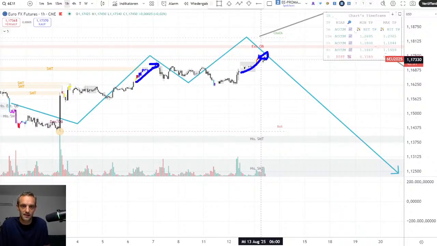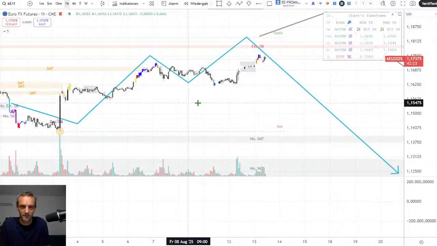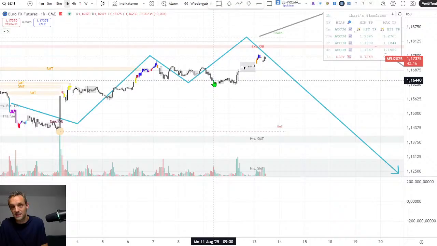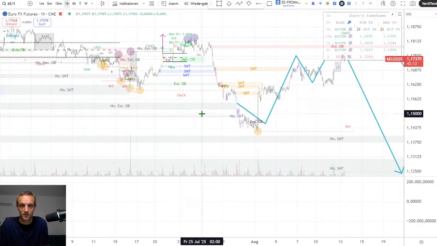So it's showing us orders moving the price. And always when we see colorful candles, we need to ask ourselves, is this a continuation sign or a reversal sign? And this we can answer with the bigger picture view.